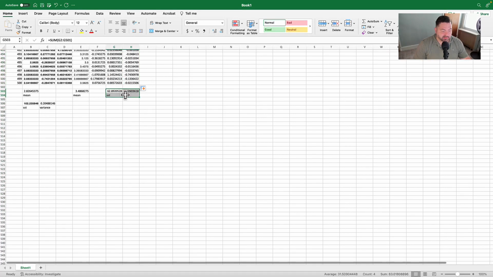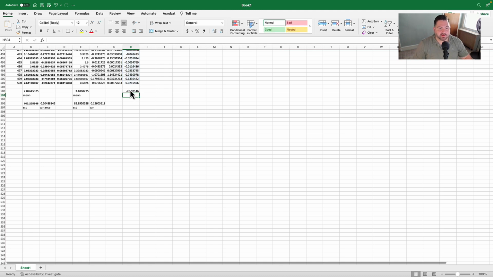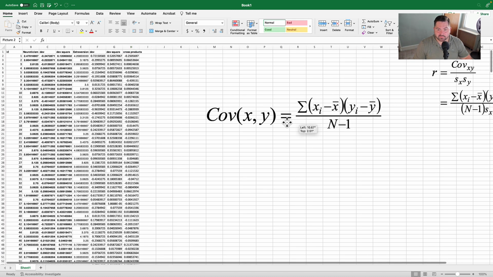So I'm just going to move these two pieces over here, and we want the sum of H2 through H501, close parentheses, and you can see that you get negative 28.07146.